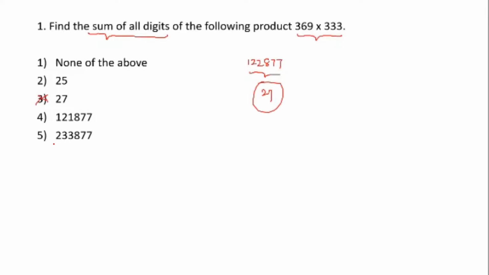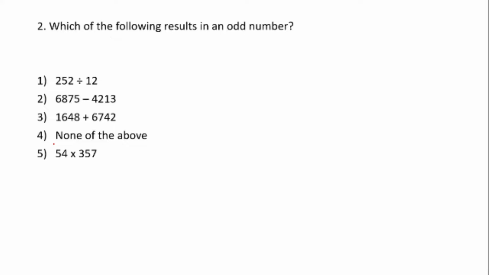Question 2, which of the following results in an odd number? Again, you can try to calculate all of these and then find which one results in an odd number. However, there is another way we can do it without having to count. First, we know that even minus odd will always be an even number.